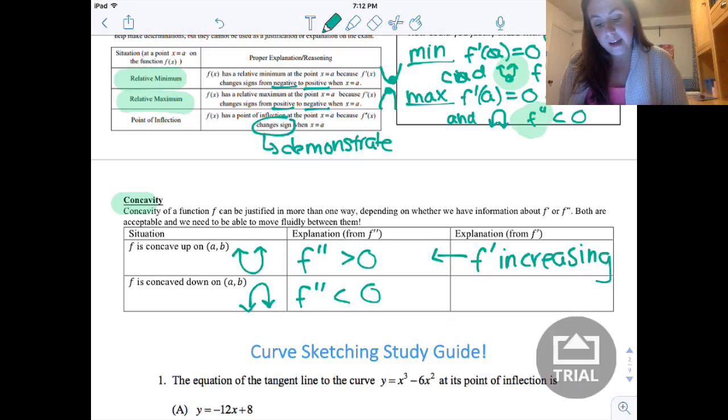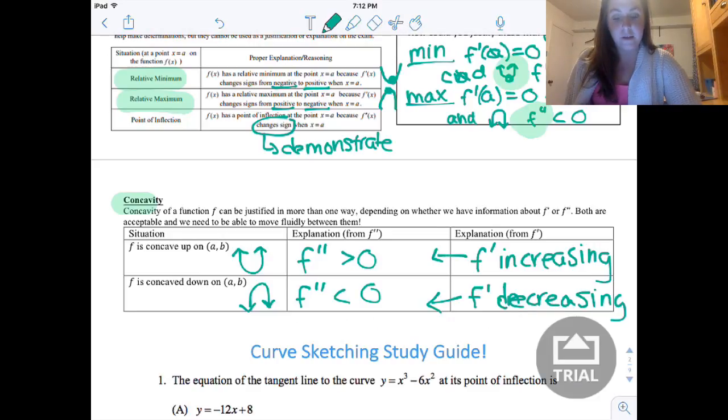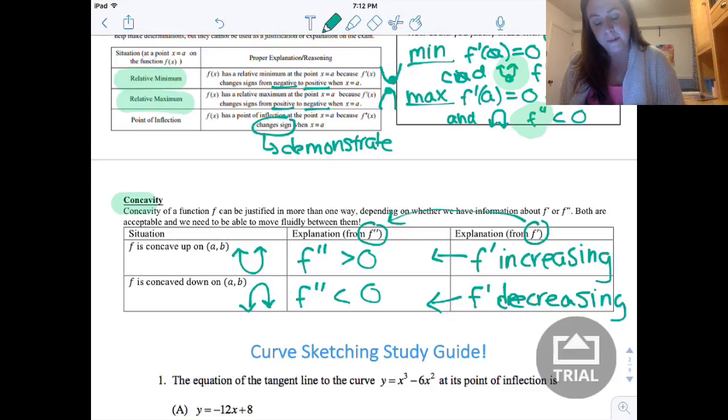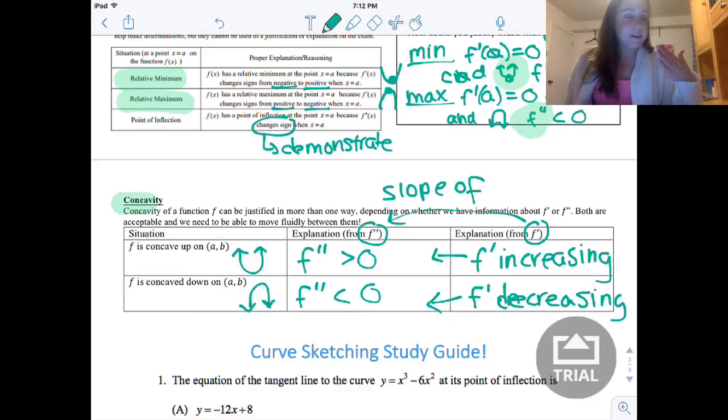When would f double prime be negative? That would mean f prime is decreasing, and that would make your second derivative negative. So remember that f double prime is really just the slope of f prime. As long as you know those basic increasing and decreasing rules, you're going to be okay with those.